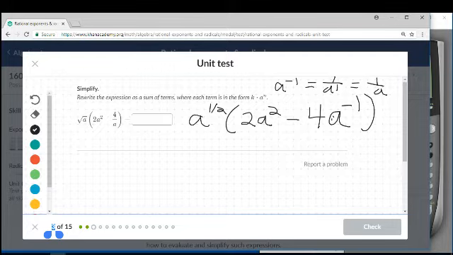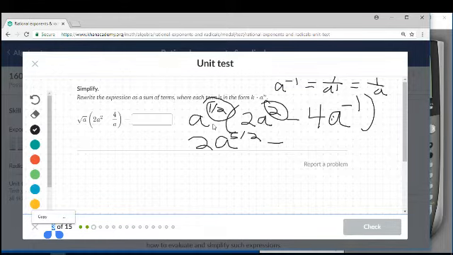So I'm just adding 1/2 and 2 here. 2 plus 1/2 is going to be 5/2. Then -1 plus 1/2 is going to be -1/2, so minus 4a to the -1/2.